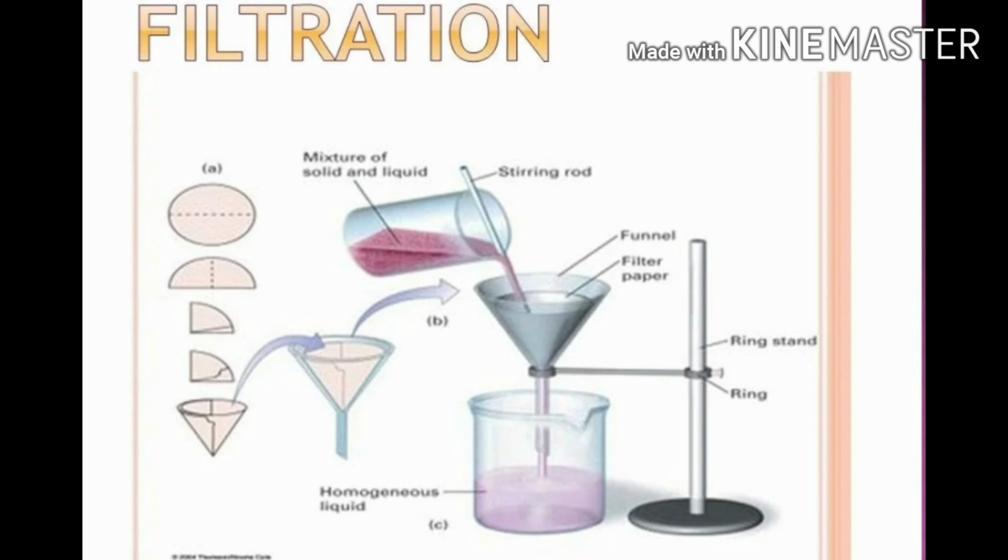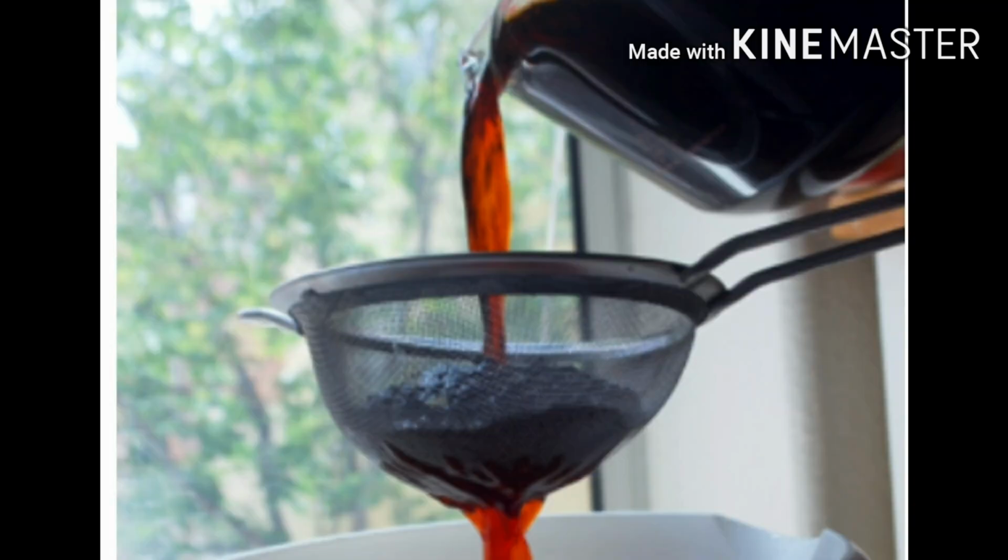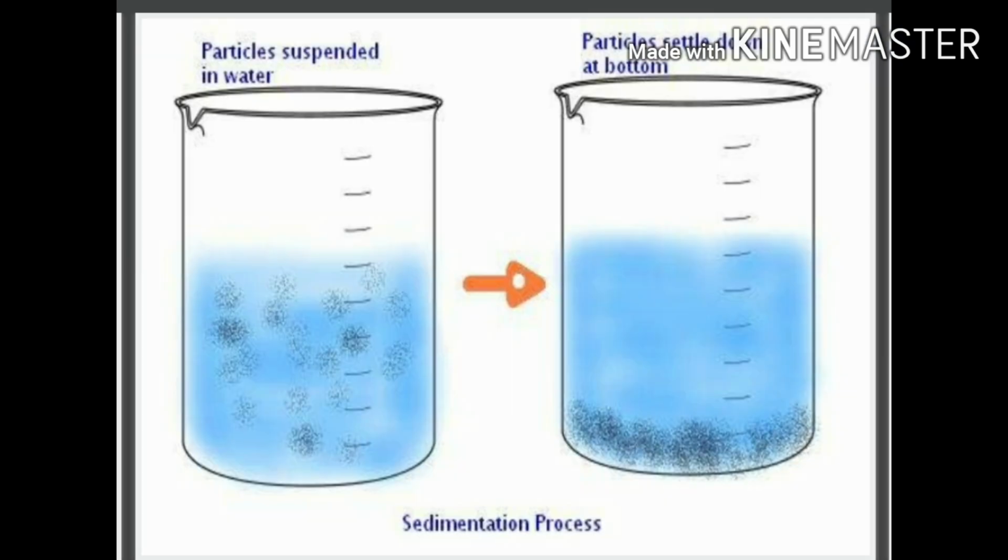You can see how filter paper is folded and funnels and beakers and stand is used to filter the mixture of substances using filter paper, and filtration process is also used for separating tea leaves from the tea. Right? This is very common, you see it daily in your daily life.